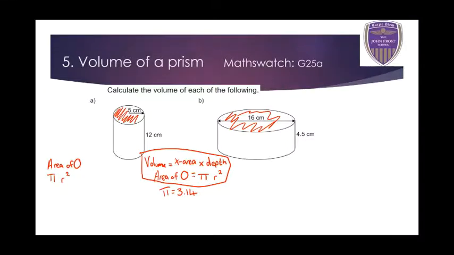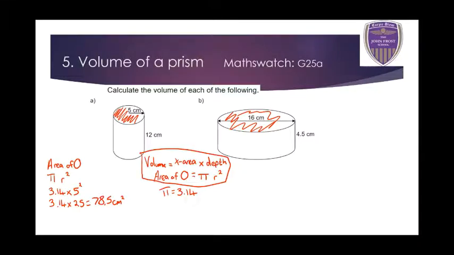Pi is 3.14, so 3.14 times, in this case, the radius is 5, so times 5 squared, which is 3.14 times 25. And if you type that into a calculator, you should get 78.5 centimeters squared. Okay, so this is the area of our circle.